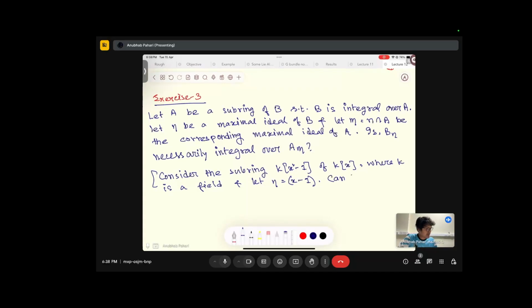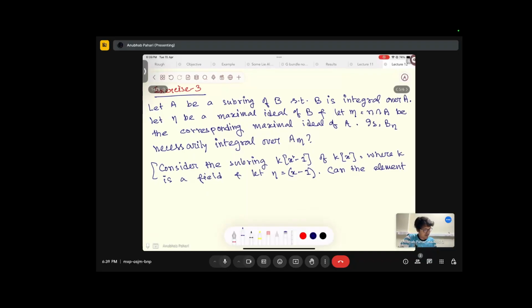Can the element 1 by x plus 1 be integral? So try this for 5 minutes, and then we'll be doing this.